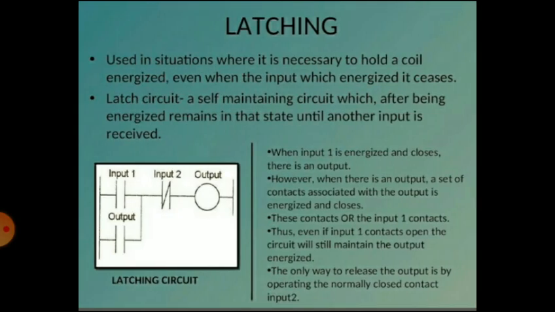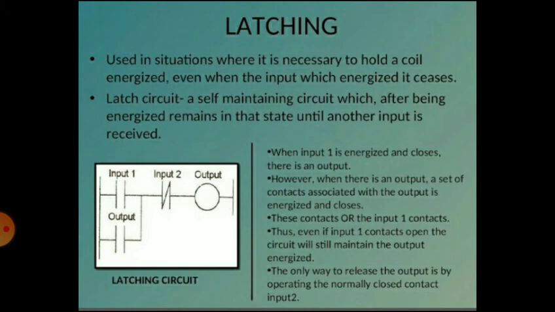Then latching. A latch or ladder latch circuit holds an output energized even when the input ceases. The output coil maintains its status until a different condition occurs, which is used to reset the coil to off.